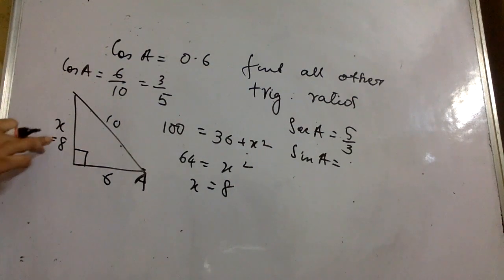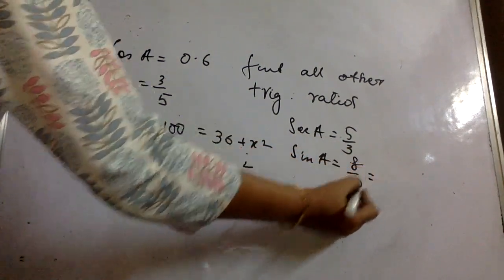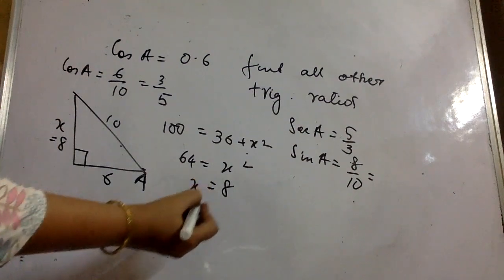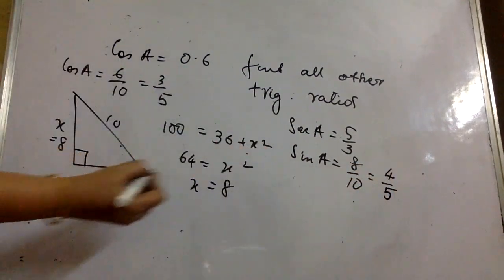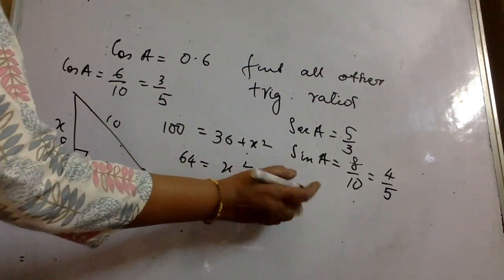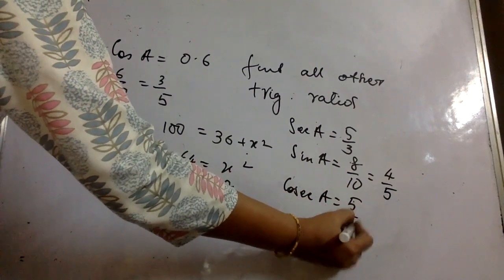So sin A is 8 by 10, but then 8 by 10 can't be my answer, so it is 4 by 5 after reducing. Then cos is done, cosec A is 5 by 4, reciprocal of this.